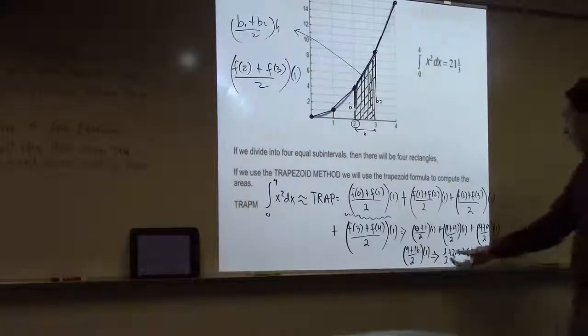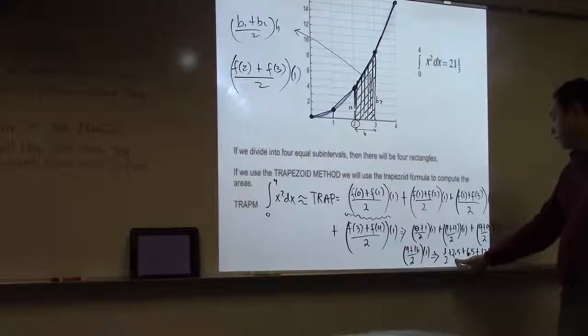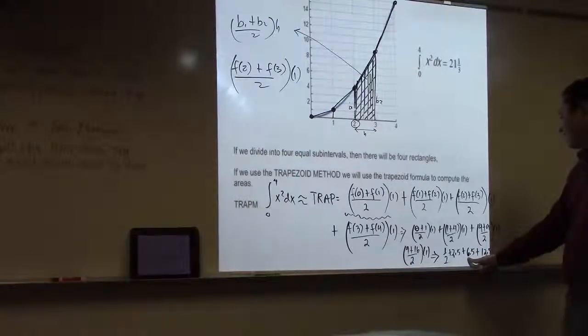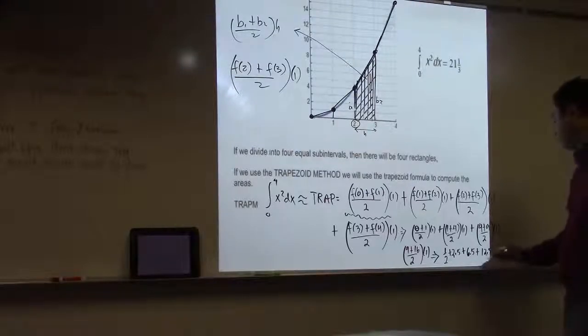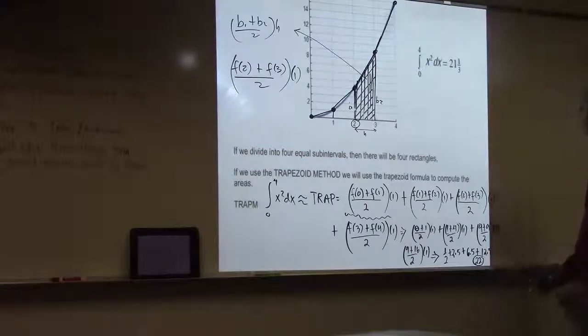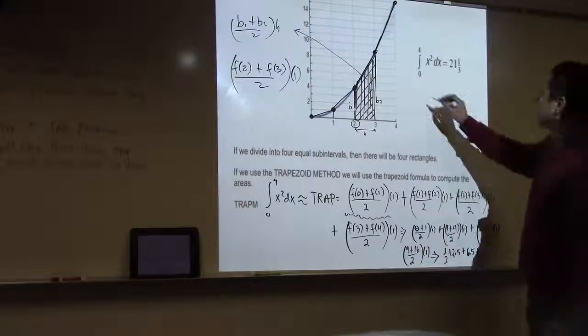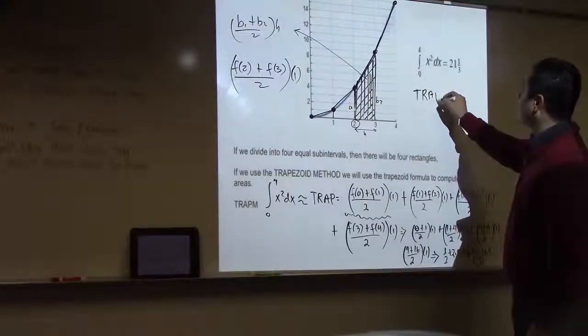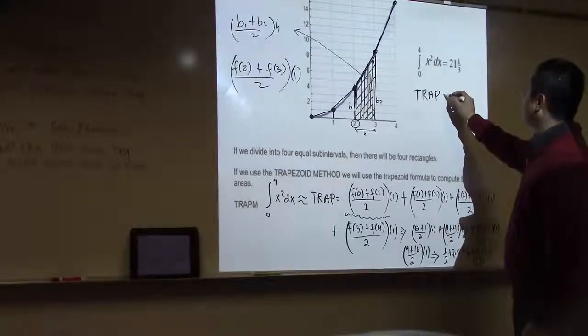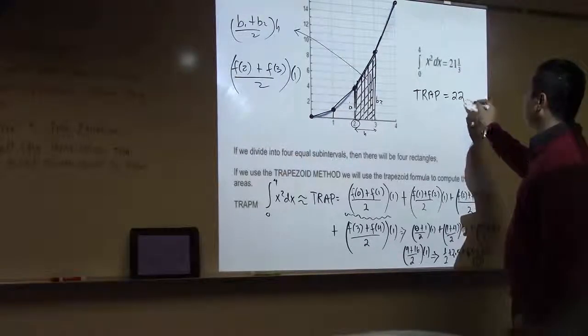Alright, so that's 3, 3, that's 9.5. 9.5 and 0.5 is 10, 22. So we're picking up 22 from this one as the answer. So trap is equal to 22.